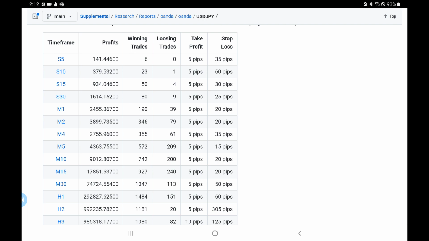And up until the 2-hour time frame, as you can see, most of the stop loss pips are 60 or below. So that means if you're not going to be holding a position for 2 hours or more, then realistically a stop loss of 60 pips or lower is going to give you a good combination, but only if your take profit is lower than your stop loss.